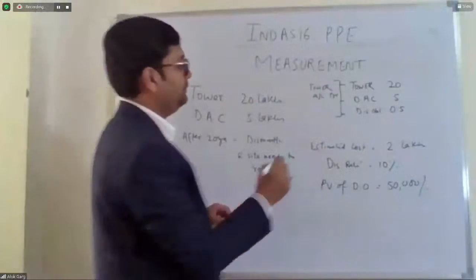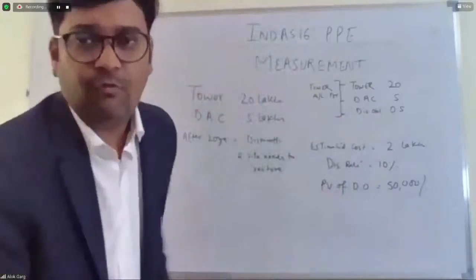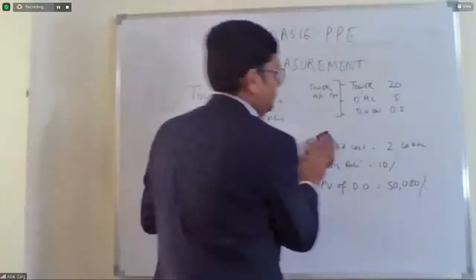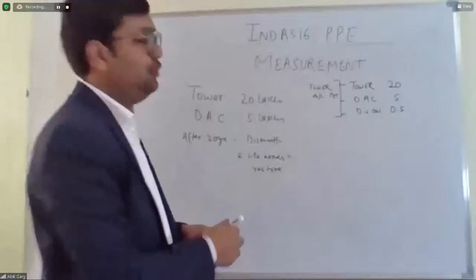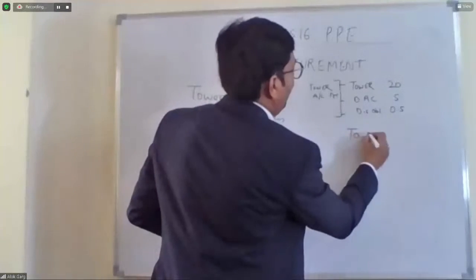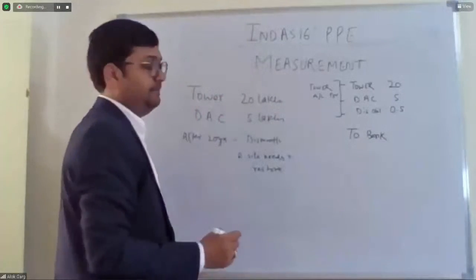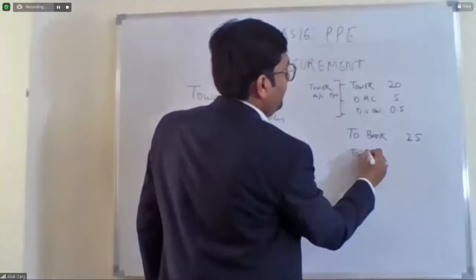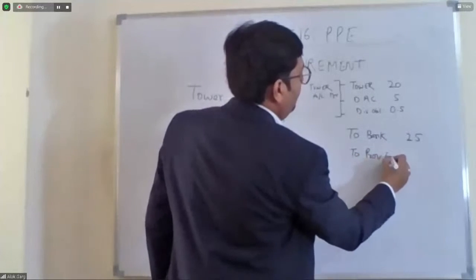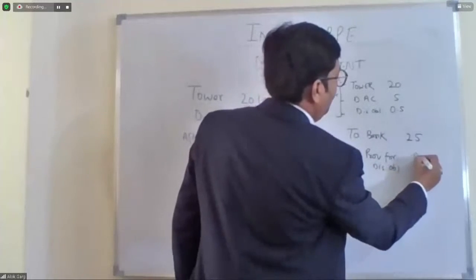This has been debited, so what will be credited? To bank, cash or vendor, 25 lakhs. To provision for dismantling obligation, 0.5 lakhs.